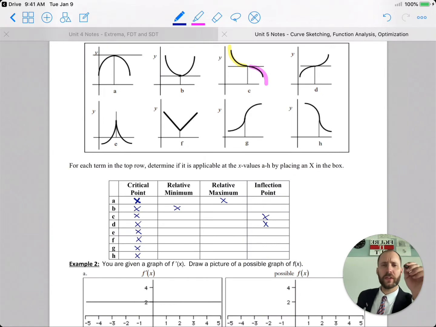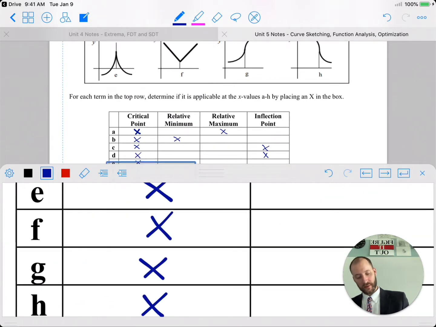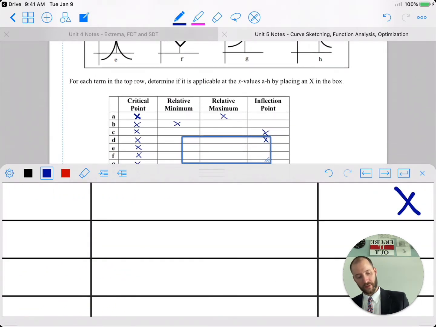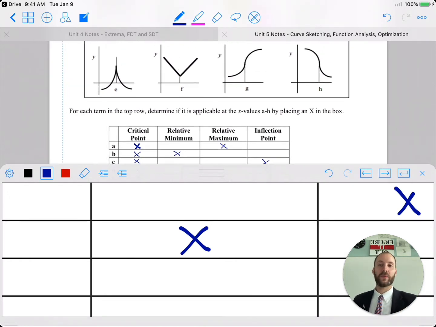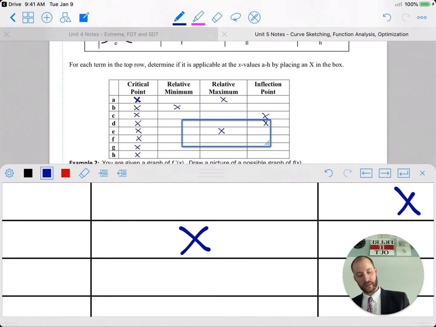So take a moment on your own, pause the video, look at E through H, and then come back to it. So at point E, critical point, we have derivative not existing because of the sharp corner. We have increasing to decreasing behavior, and both halves are concave down. So in E we have a maximum. In F, kind of the same thing but in reverse, sharp corner, decreasing to increasing.